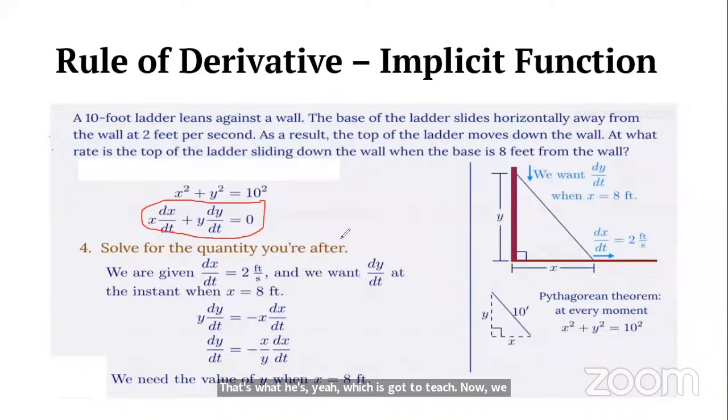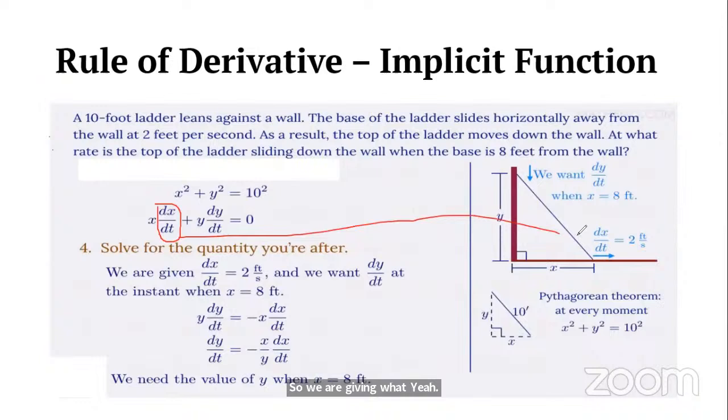We are given ds/dt, this thing here. You get it? And they are asking us to find dy/dt. This one, we don't know. We don't know dy/dt, but we know ds/dt.